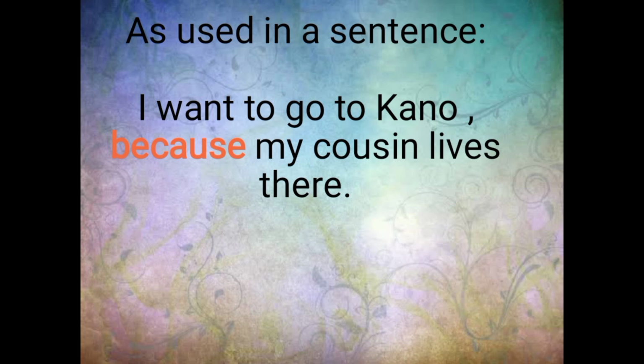Anybody is going to ask you, where? So you see that my cousin lives there is not a clause that will make complete sense. I want to go to Kano makes sense, it is an independent clause, and my cousin lives there is a dependent clause, because here joins them together to make a complex sentence.